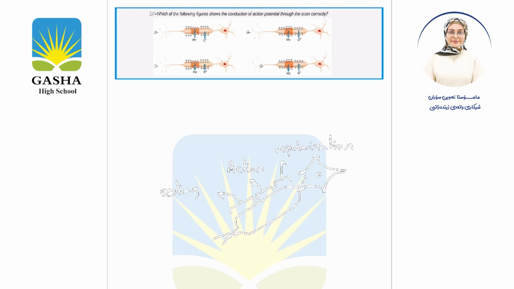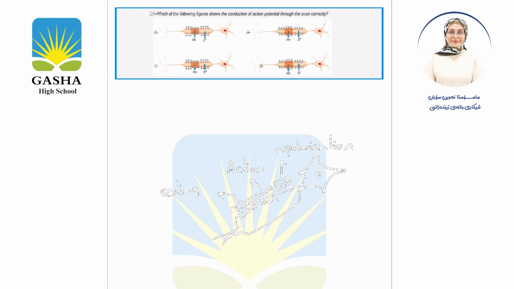In the resting stage, the outside of the axon is positive and the inside of the axon is negative. In action potential, outside is negative, inside is positive. In repolarization, inside is negative, outside is positive.